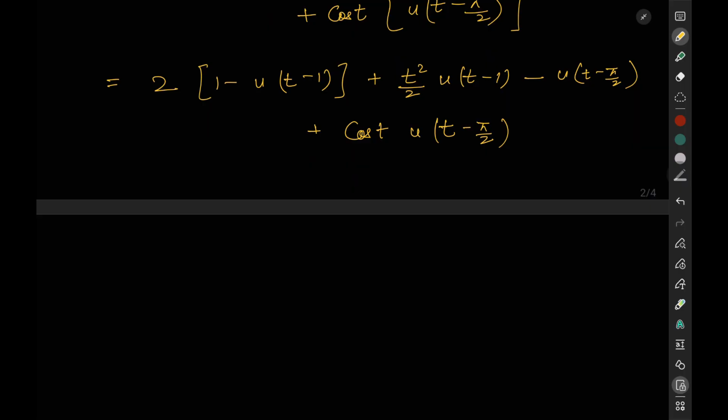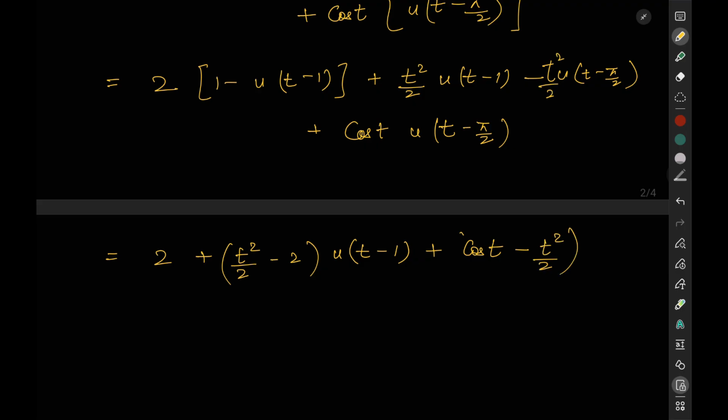If you simplify this further, you will get 2 plus (t square by 2 minus 2) times u(t minus 1) plus (cos t minus t square by 2) u(t minus pi by 2).